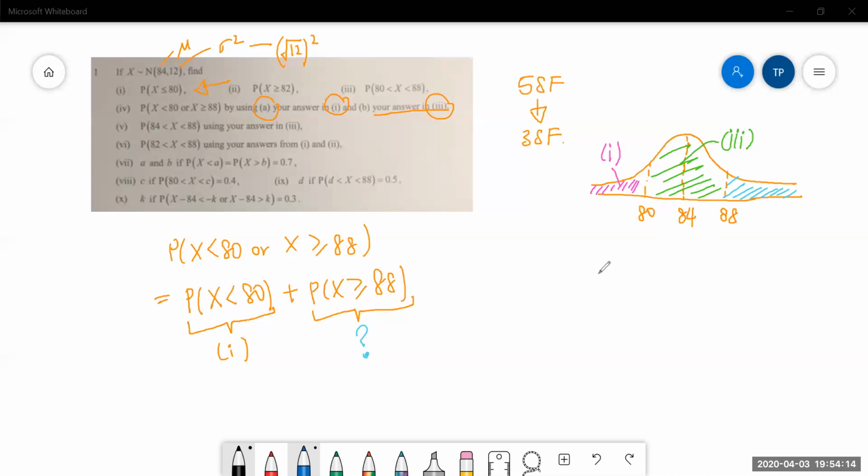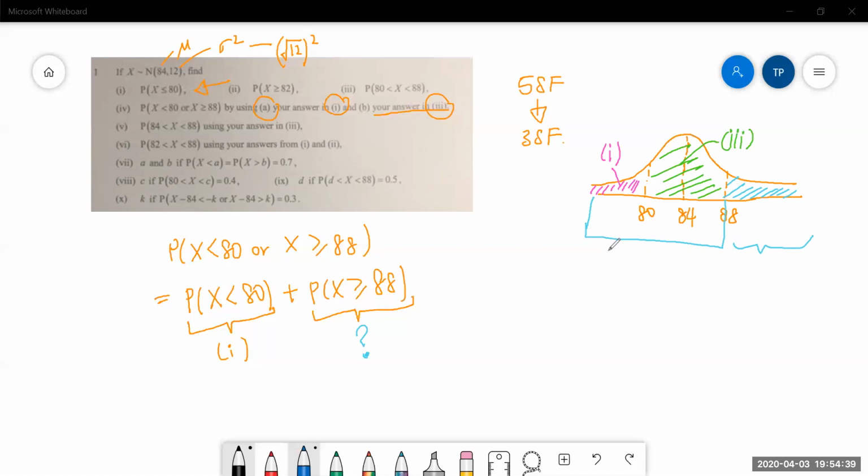What's the whole probability under the graph? 1. So if we use 1 minus this part, we will get this part, right?